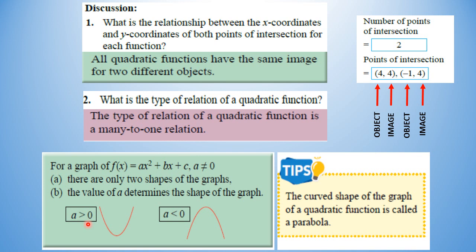We have to look at the value of a. If a is greater than 0, the graph will be U shape. If a is less than 0, your graph will be N shape. And then this is the curved shape of a quadratic function.